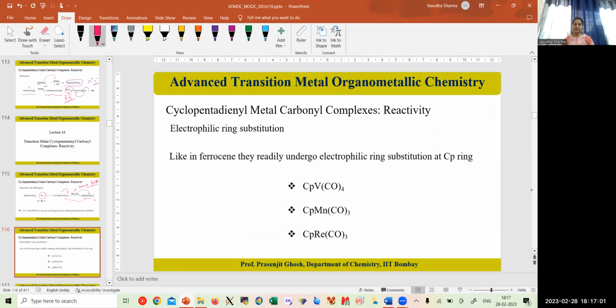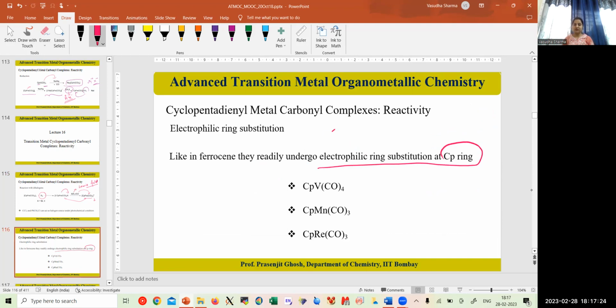Now the next thing is cyclopentadienyl metal carbonyl complexes, and their reactivity. Their reactivity is more or less the same, giving electrophilic ring substitution, so every substitution will happen on that ring itself. Like in ferrocene, they readily undergo electrophilic ring substitution at the Cp ring.